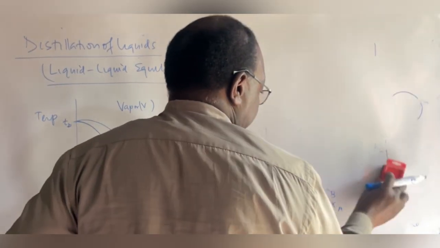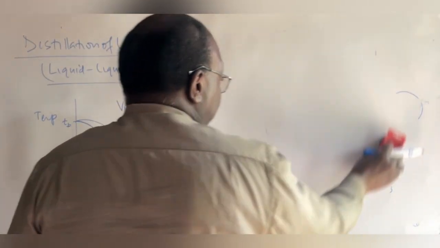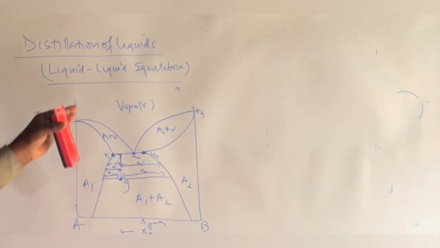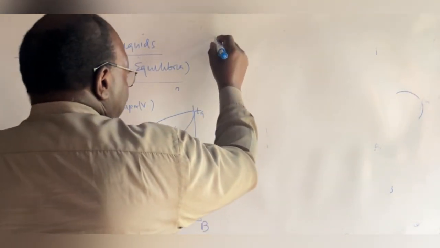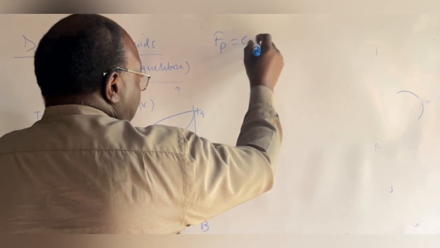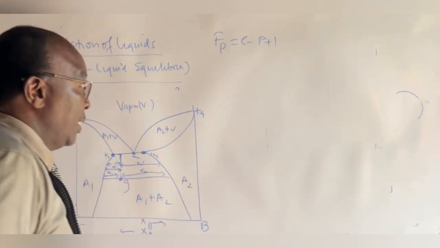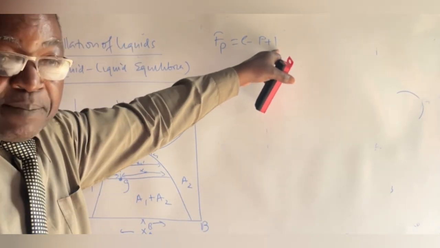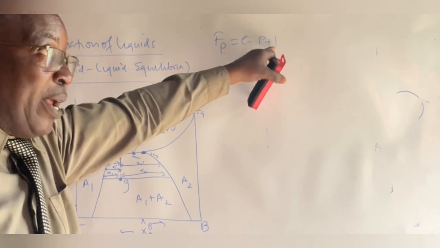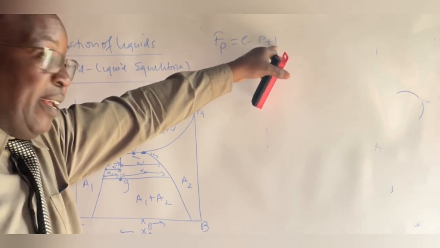What does that mean? Because the temperature is kept constant in this whole process, the phase rule at constant pressure is C minus P plus 1. Normally it is plus 2 when temperature and pressure are both variables. If you keep one constant, pressure or temperature, you are left with one variable.